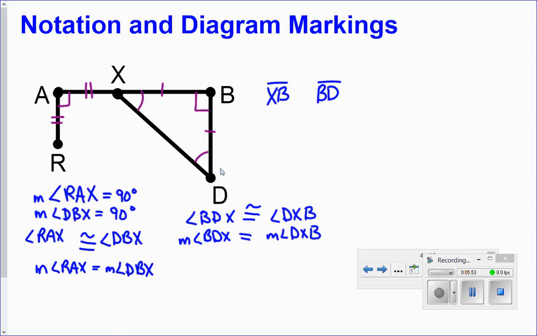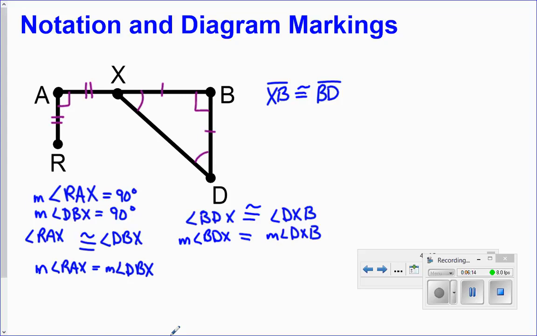Here, line segment BD and line segment BX or XB both have one mark. That indicates that those two line segments are congruent. Very similar to the angles being congruent, line segments can also be congruent, meaning that their lengths are equal.